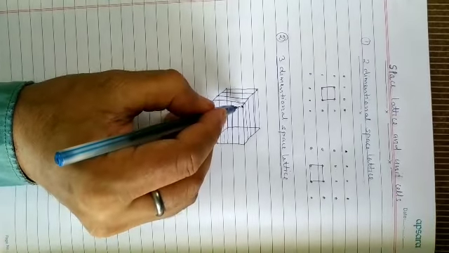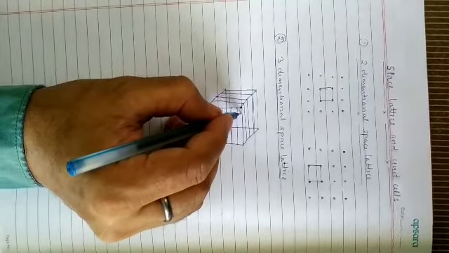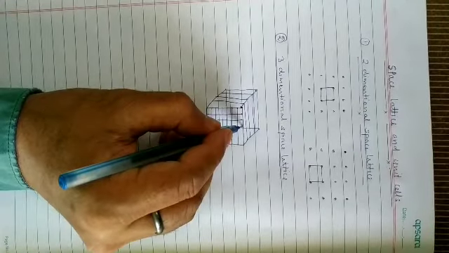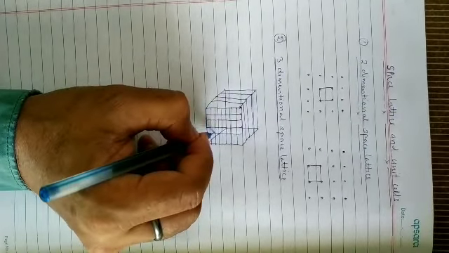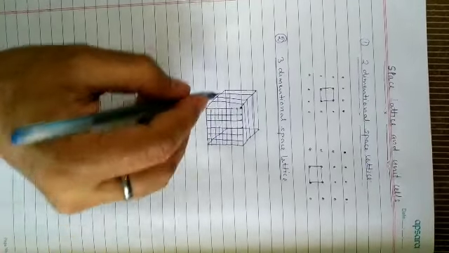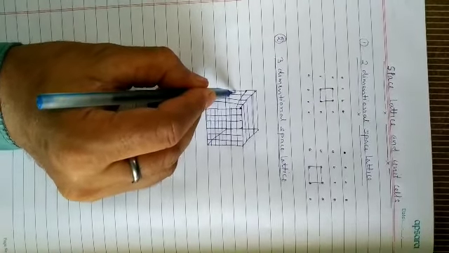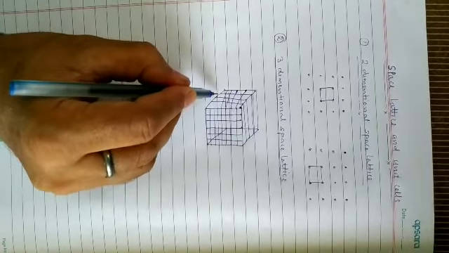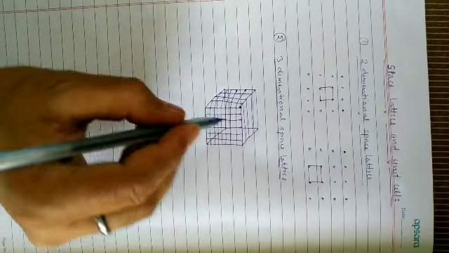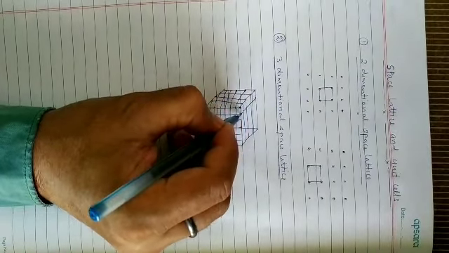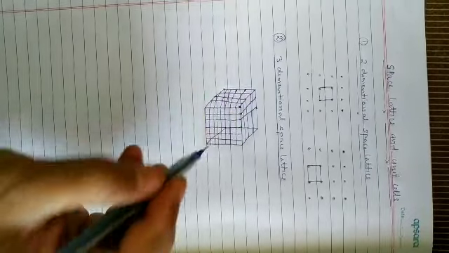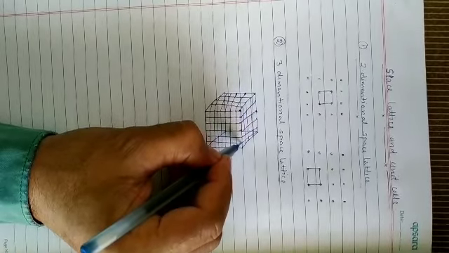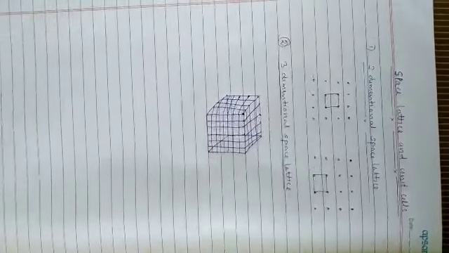In this way you will be able to create one space lattice. If you join all these points, similarly from here, and here, and similarly here also, you are able to generate this complete three-dimensional lattice.